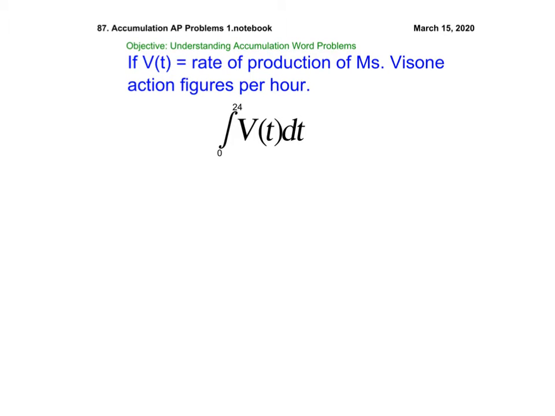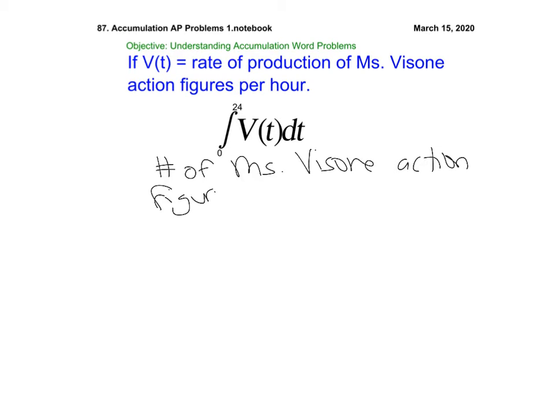So if V of t is the rate of production of Miss Fazone action figures per hour, what would the integral of V of t be? So that would be the number of Miss Fazone action figures produced in one day over those 24 hours.